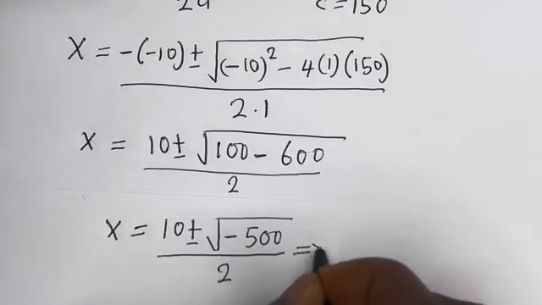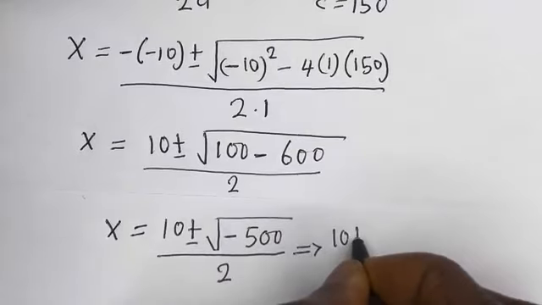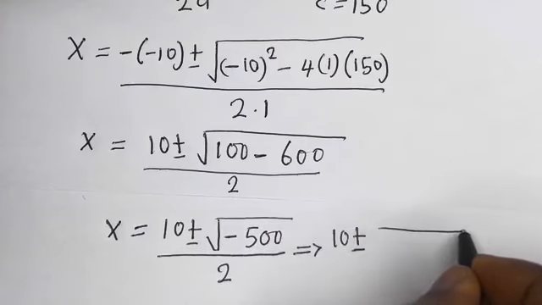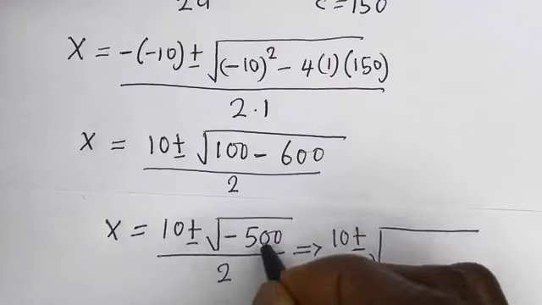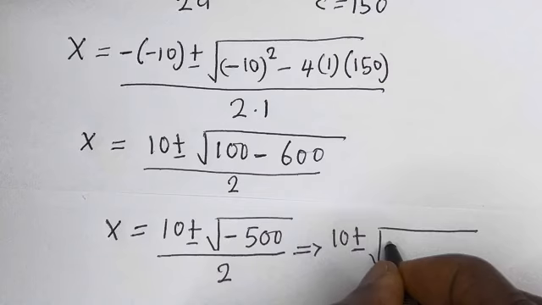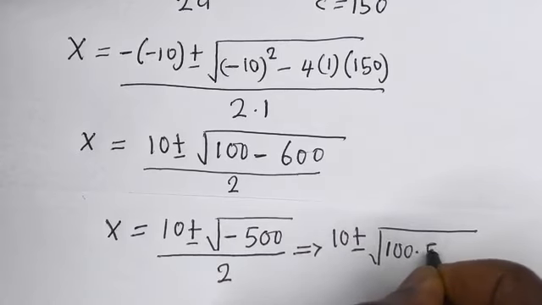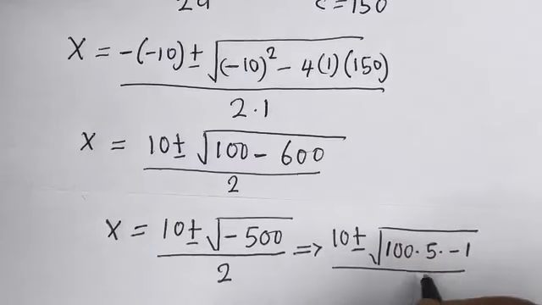And this is the same thing as 10 plus or minus square root of minus 500, which can be written as 100 multiplied by 5 multiplied by minus 1, over 2.